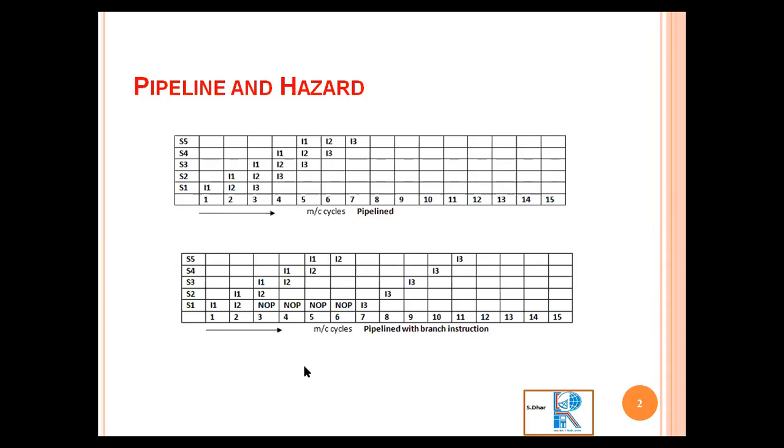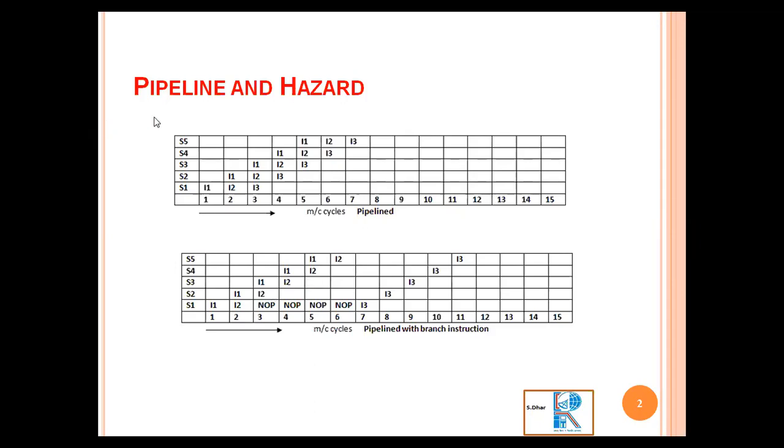Again, I repeat, if the processor starts the following instructions after a branch instruction or any other instruction, the processor has to stop the following instructions. So that phenomenon is called the hazard of the pipeline. Here, one hazard has occurred due to the branch instruction. For this reason, the processor has to stop all other instructions until I2 is completed.